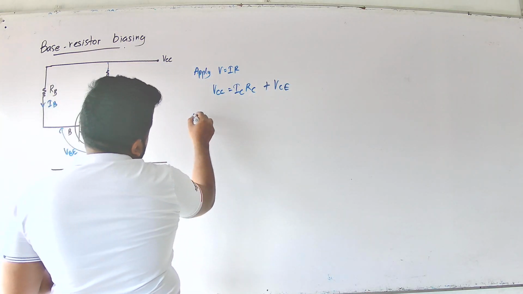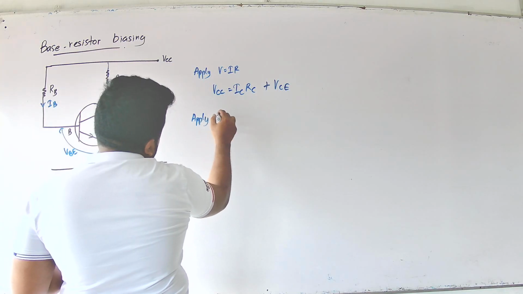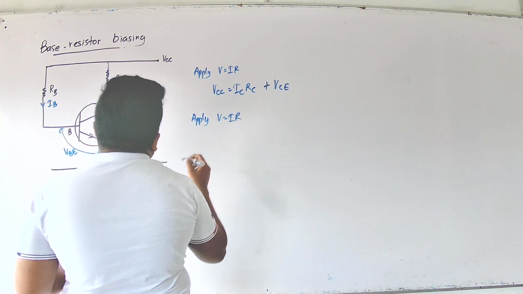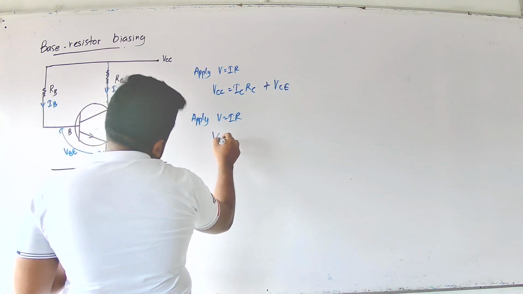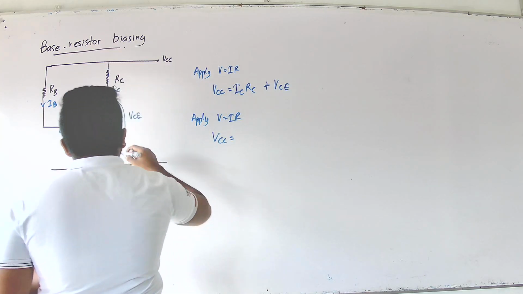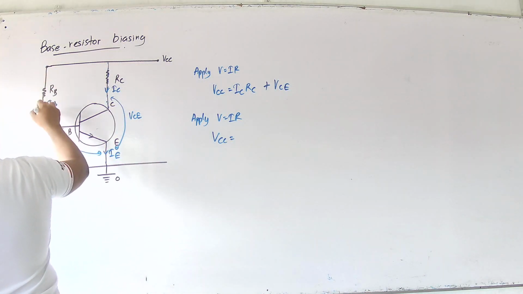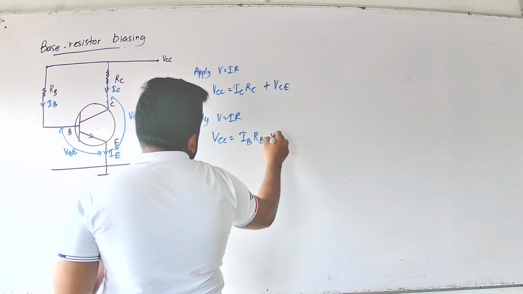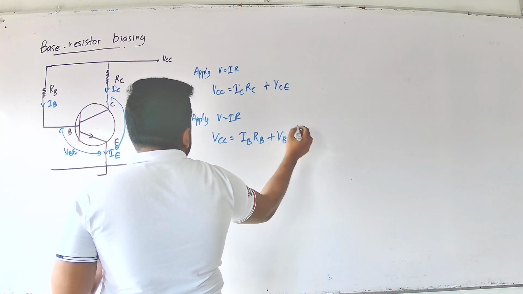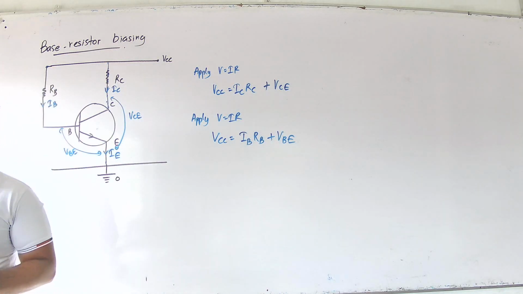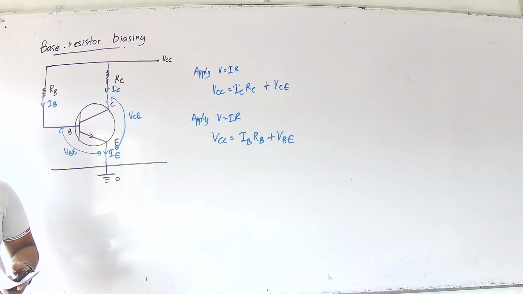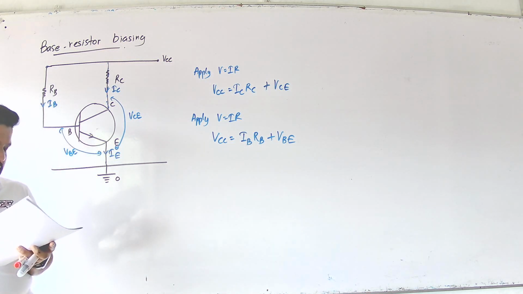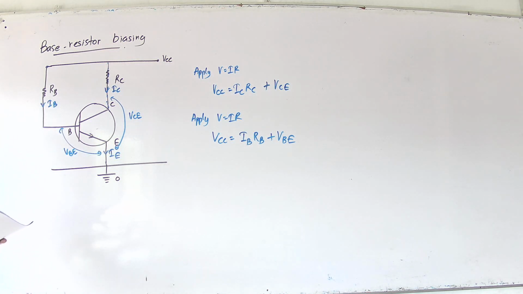And applying V equals IR, VCC equals IBRB plus VBE. Okay. Write down this one.